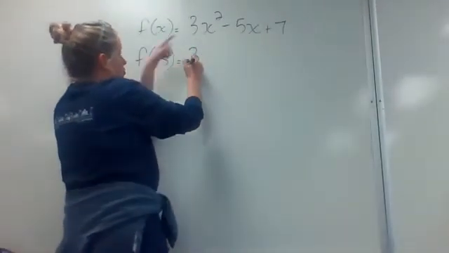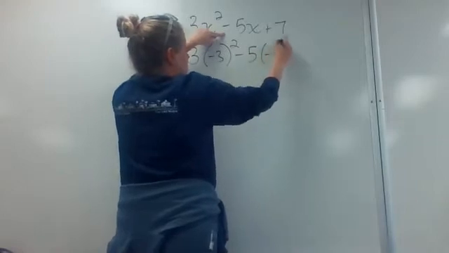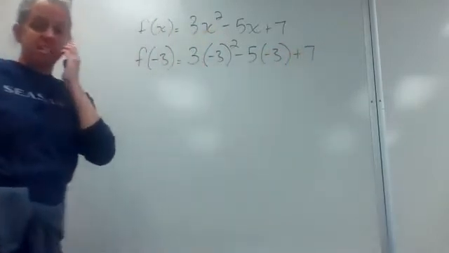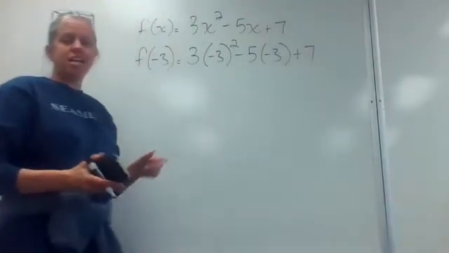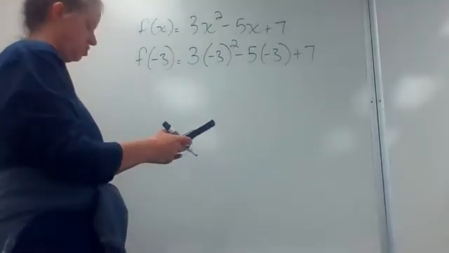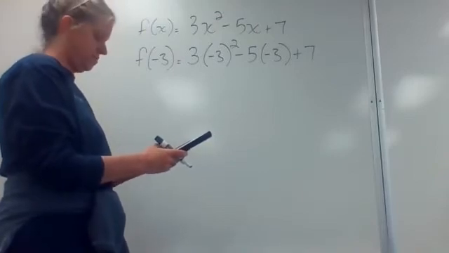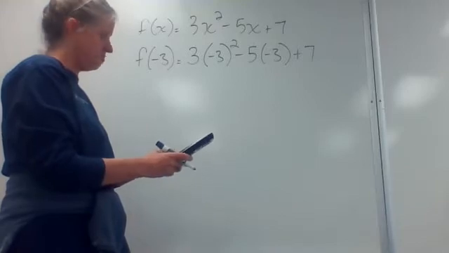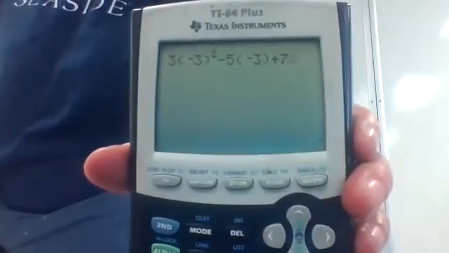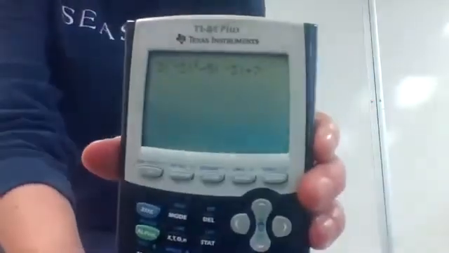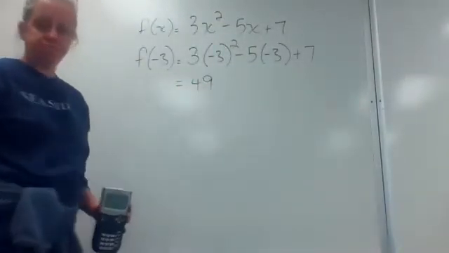So if I do that, I'll have 3 times negative 3 squared minus 5 times negative 3 plus 7. And then you can just put this exactly how it's written in your calculator. So you would just do 3, open parentheses, negative 3, close, squared, minus 5, open, negative 3, plus 7. So again, exactly like it's on the board. Enter. It gives you 49.